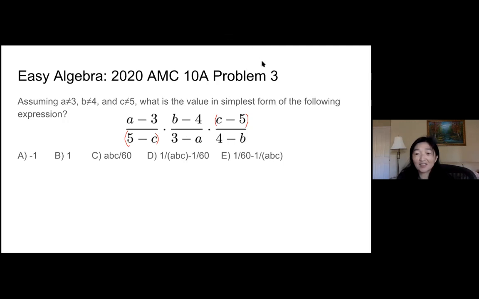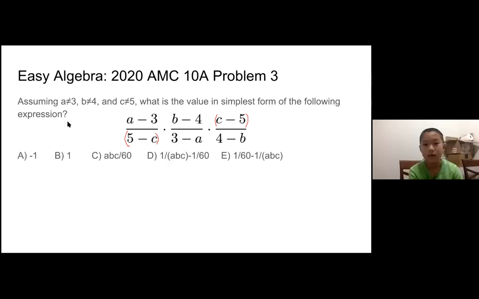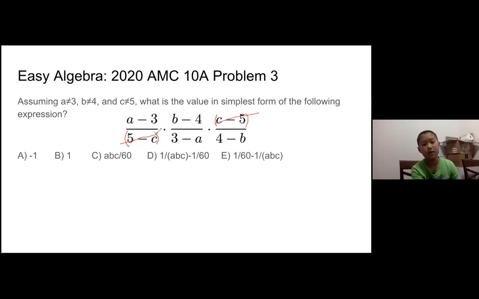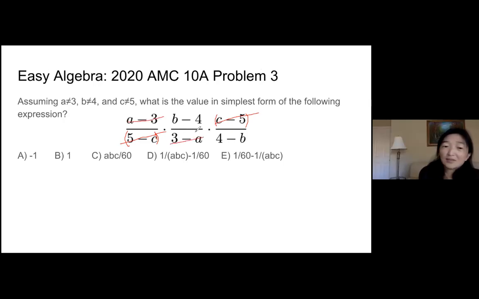So Kaden, raise your hand again. Kaden, you want Okay, so you can cancel C minus 5 and 5 minus C. And you can also cancel A minus 3 and 3 minus A. So Kaden, if you divide A minus 3 by 3 minus A, does that give you 1 or -1?